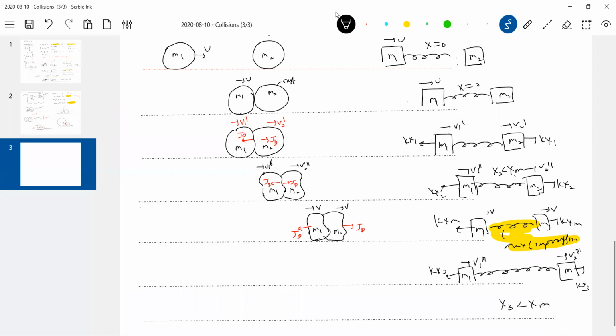Same situation here also. So what can we make of the bodies here now? They will start coming out of maximum compression, maximum deformation. So here shall I say it starts reforming to natural length. What does the spring like to be? The spring wants to be in natural length. Spring always wants to be in natural length.